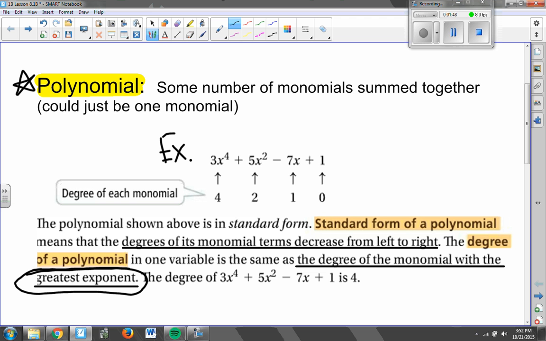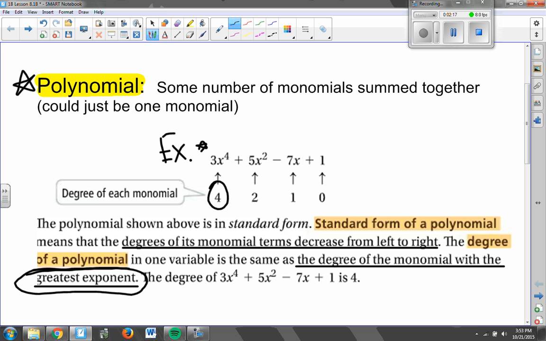Greatest exponent is the one we're looking for. So, for example, the degree of this example up here is 4, because that is the largest degree out of any of my 4 monomials.